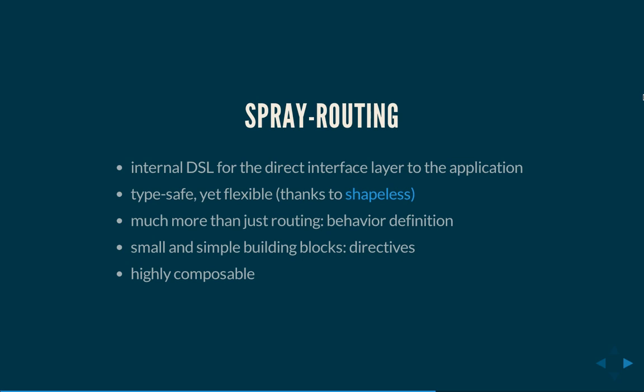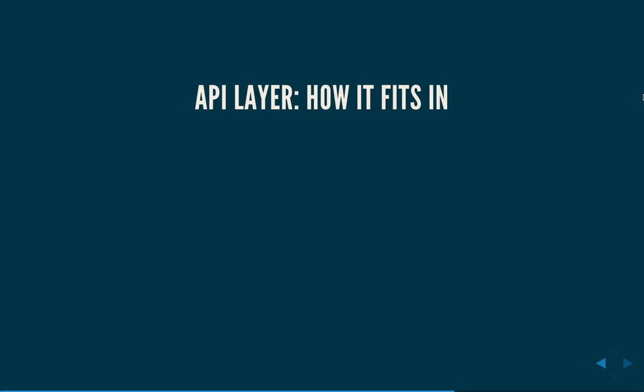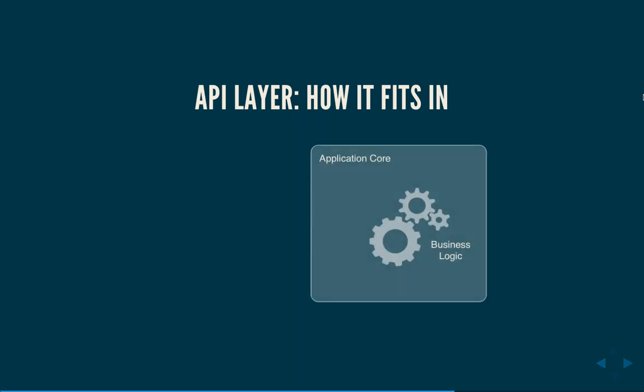And this routing is something that is part of this high-level DSL, but there's much more we'll see in a second. It relies on small building blocks called directives, which do one thing and can be combined very flexibly to form a very composable structure. And we'll see how that fits in right now.